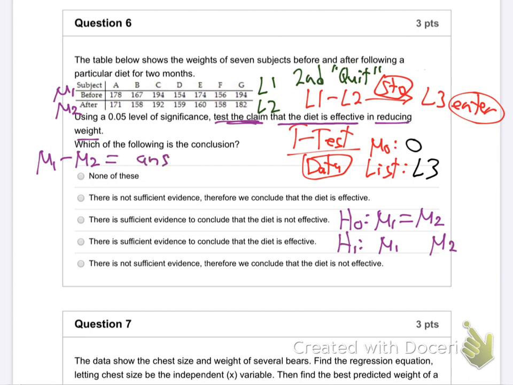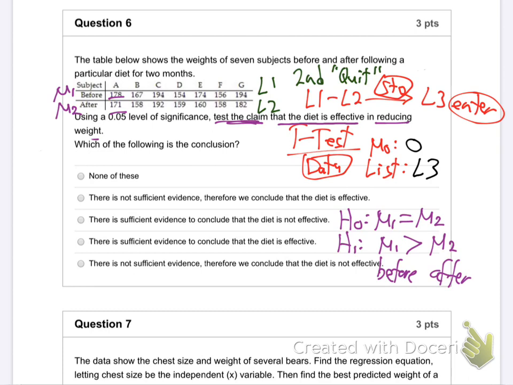Do we want that answer to come out? Well, which one do we want? Which one do we want to be bigger? If the diet's really working, you weigh more before than after, huh? We want the before to be greater. You want the before to be greater, you want the after to be less if the diet's really effective. Is that making sense?